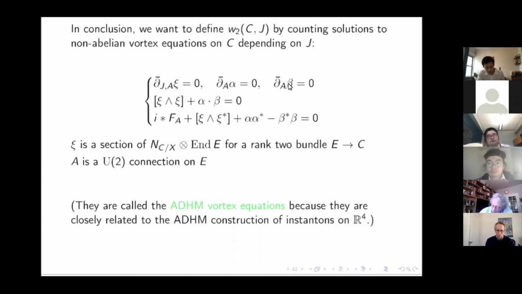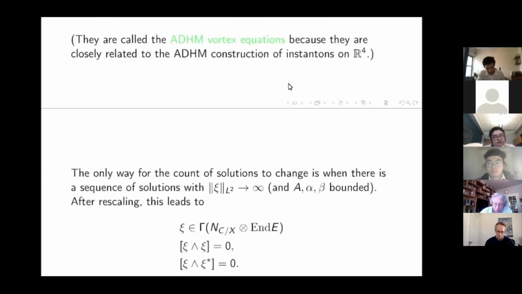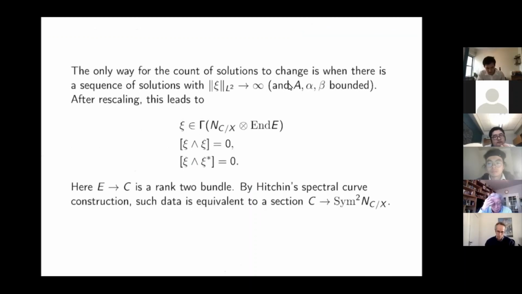So you can ask, how can it happen that the number of solutions to this equation changes? This can happen when you lose compactness for the moduli spaces of solutions. Following work of Taubes, we know that such a change in the number of solutions can happen when some of the solutions escape to infinity, so when the L2 norm of this section Xi goes to infinity.